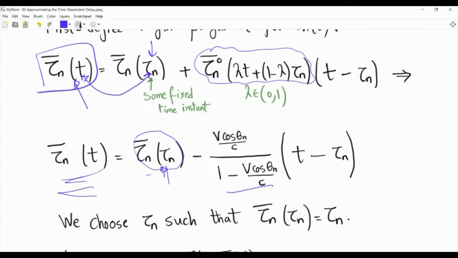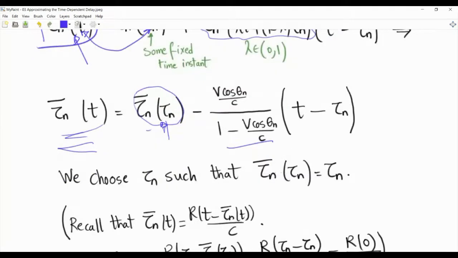When you do a Taylor series, you expand about 0 or 1 or whatever the point of expansion is, basically whatever is convenient. So what we will do is choose this constant tau of n to be a fixed point of this function tau bar. I choose tau of n such that tau bar of tau of n is equal to tau of n.